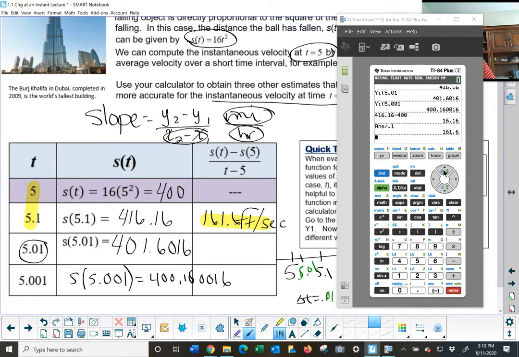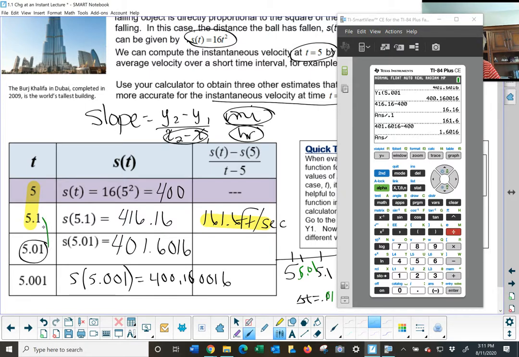So I would take the 5.01, which is still showing up on my screen, thankfully. I want that one. That one, subtract the S of 5, which is 400. Okay, so now I've got 1.6016, and I'm going to divide it by the change of time.